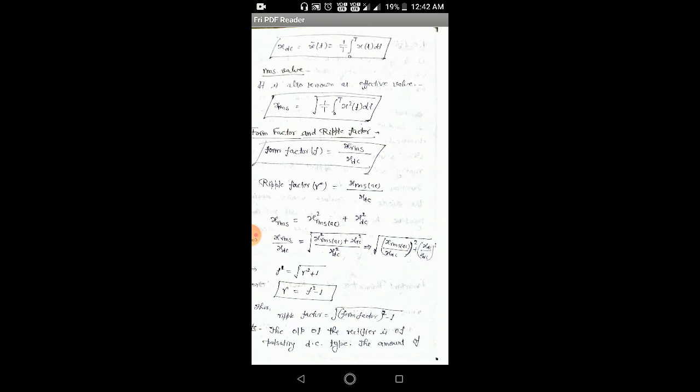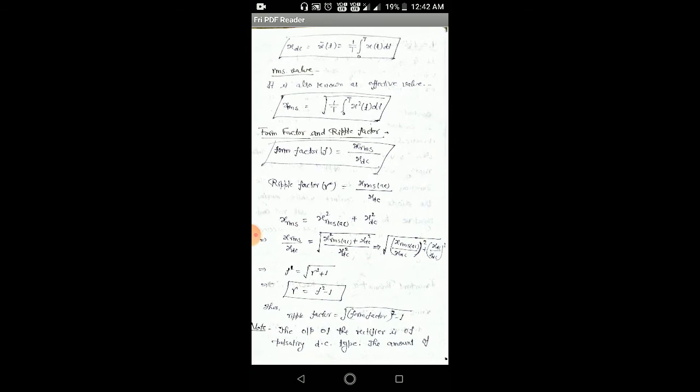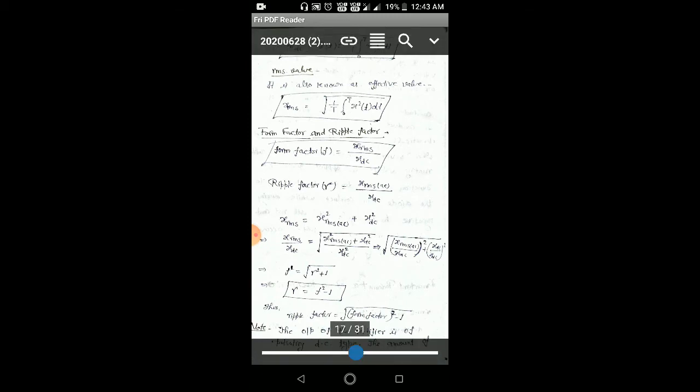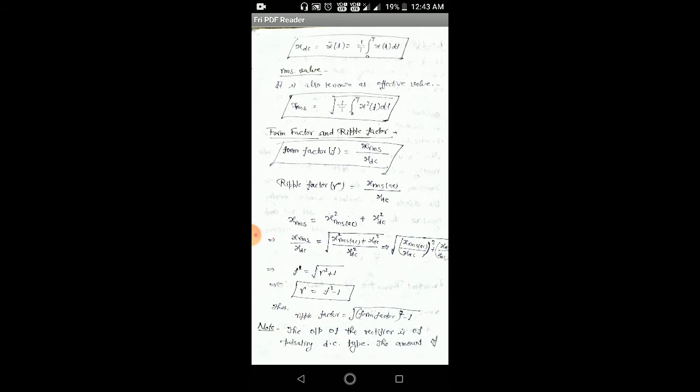So x RMS upon x DC is the form factor, and x RMS AC upon x DC is the ripple factor. So form factor equals under root ripple square plus 1, or we can say the ripple factor equals under root form factor square minus 1.